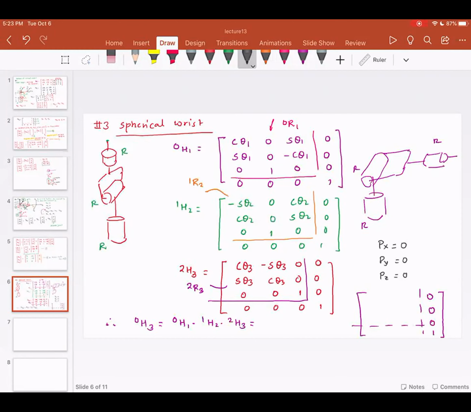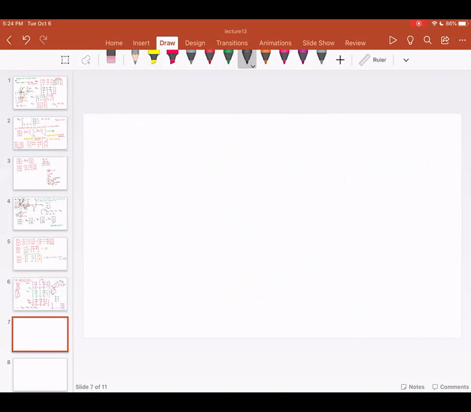The reason for that is we are assuming the distances between the revolute joints are approximately 0. They are very close to each other. So there is no linear velocity, but please recognize there is angular velocity, which means we have to find the Jacobian of the angular velocity.